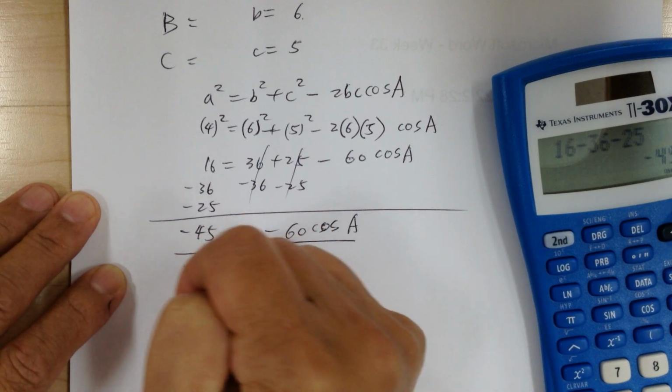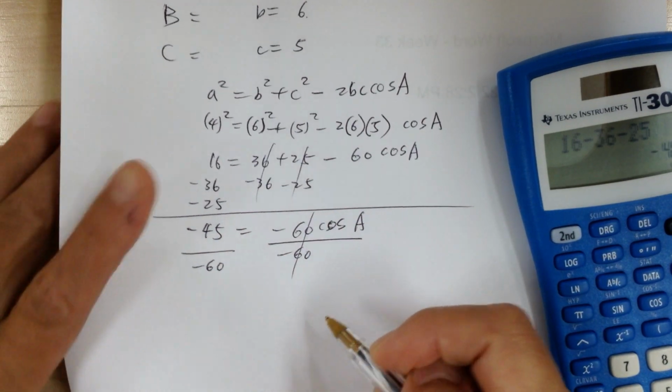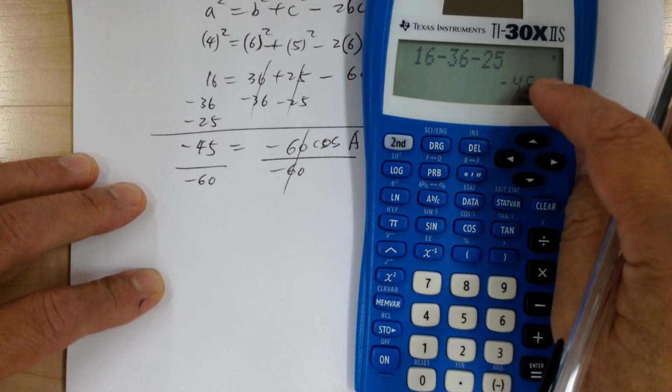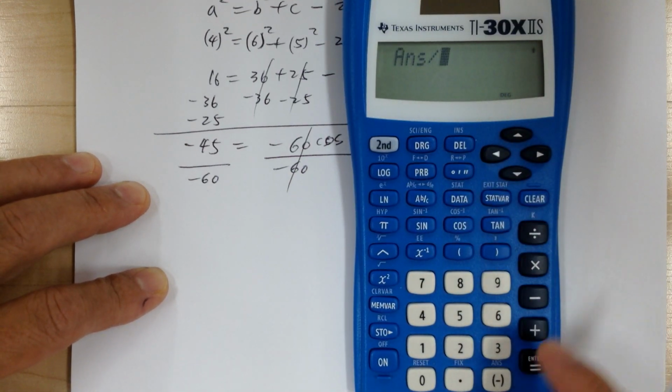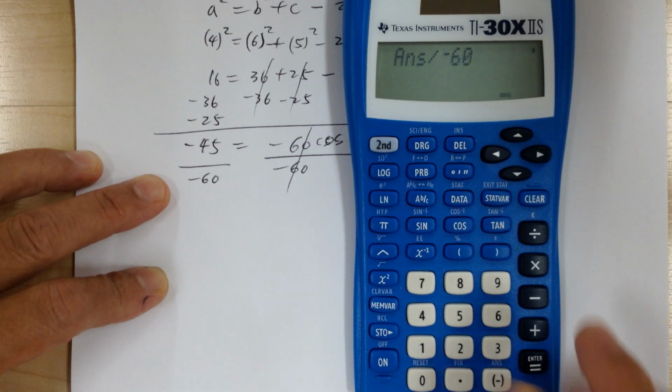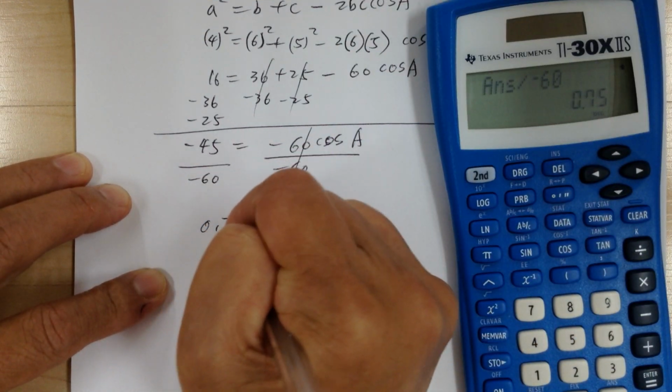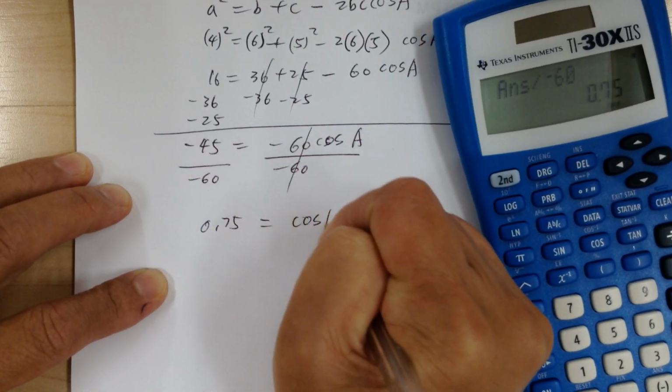Since you already have this, you don't have to retype, just divide by negative 60 and you get 0.75 equals cosine of A.